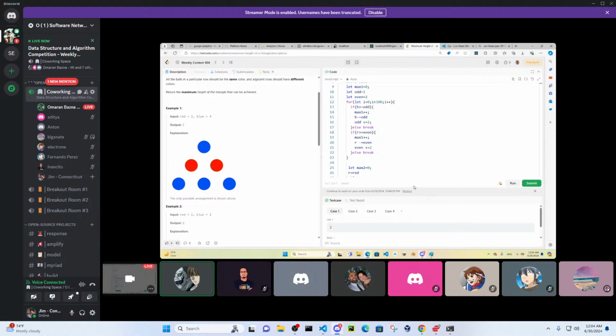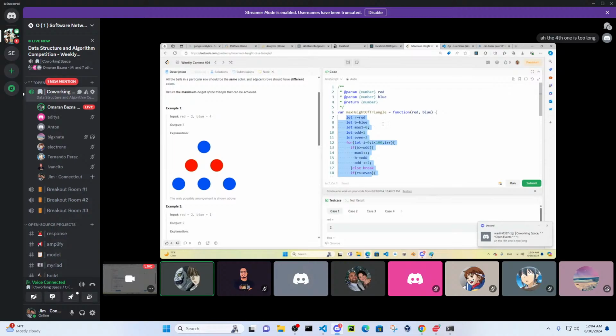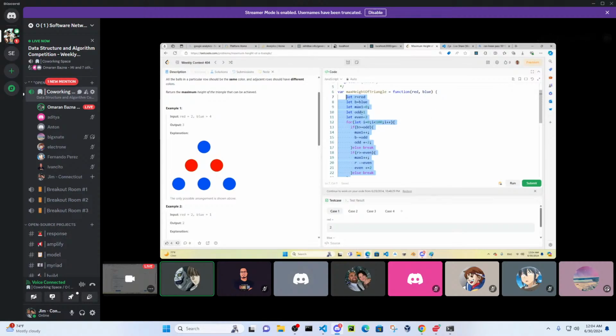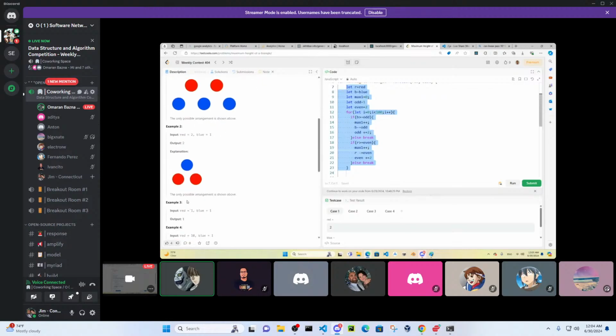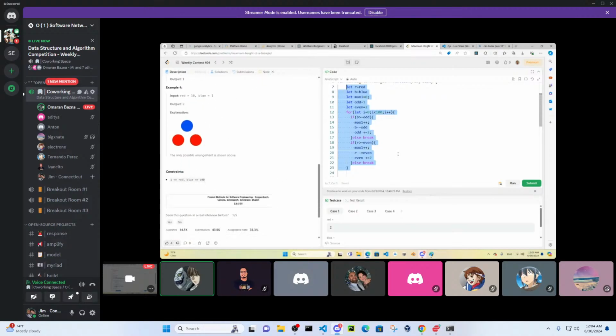So I really just did a straightforward approach. For this part of the solution, it was simulating if the first ball was blue. So I stored the variable r equal to red, b equal to blue, max1 equal to 0, odd equal to 1, even equal to 2. Then I did a for loop from 0 to 100 because at maximum we will have 100 balls.